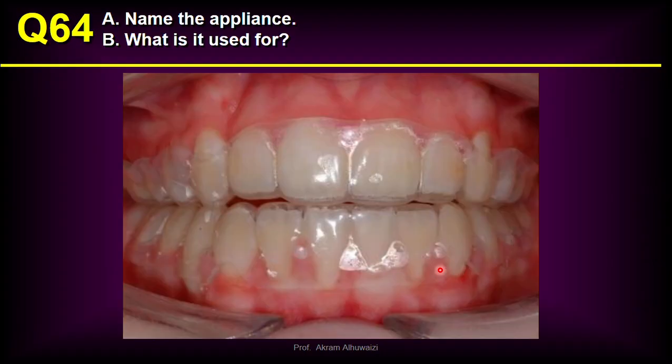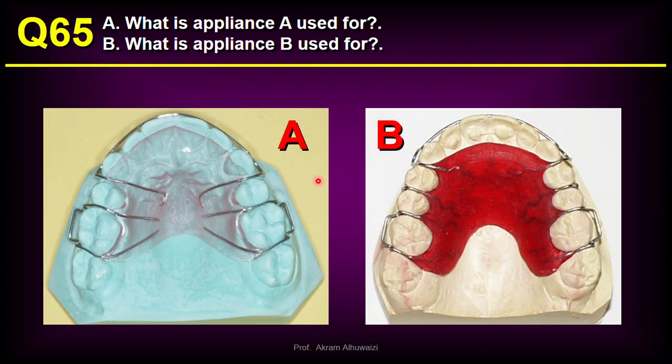Name the appliance, and that's the overlay retainer, or the invisible retainer, or the vacuum formed retainer. And what it's used for as well is to retain the teeth after orthodontic treatment. What's the appliance A used for, and what's B used for?